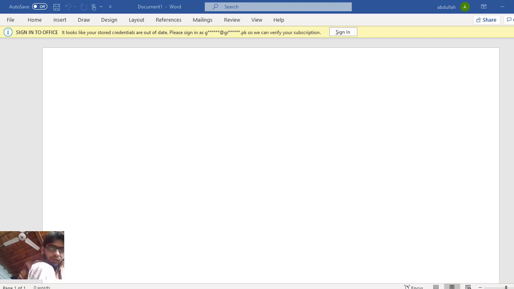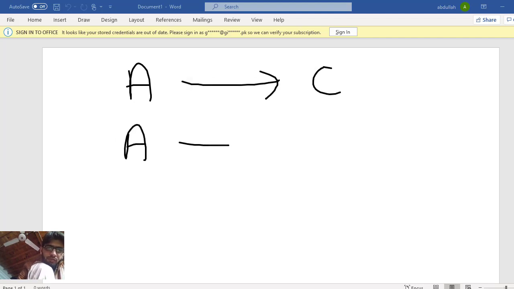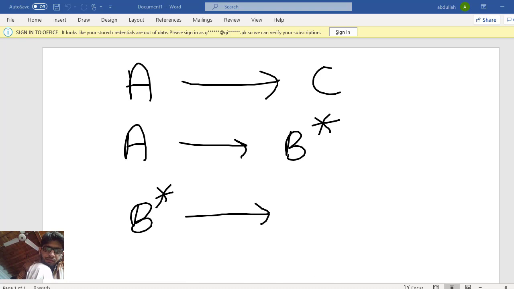Now suppose the same reaction in which A is converted into C. In the first step an intermediate is produced, in the second step the intermediate is consumed.